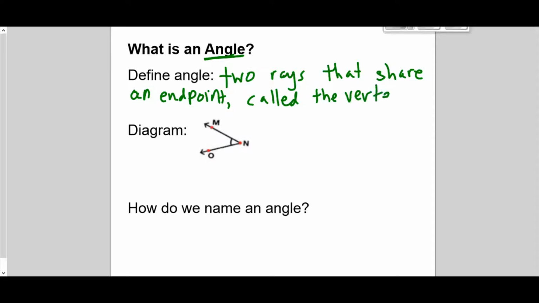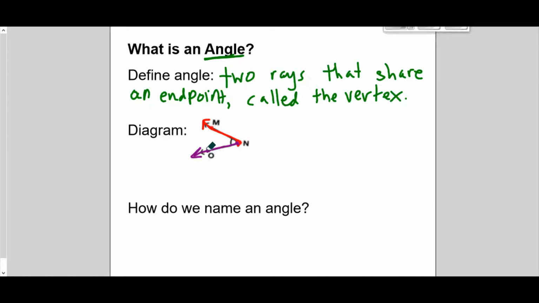So let me show you what I mean. I have a diagram there for you, and I'll explain each part of the diagram. In my diagram, I have ray NM. That's my first ray. Then I have ray NO. That's my second ray.